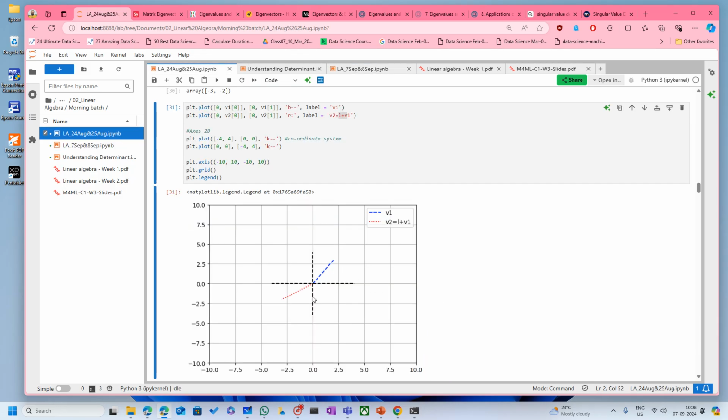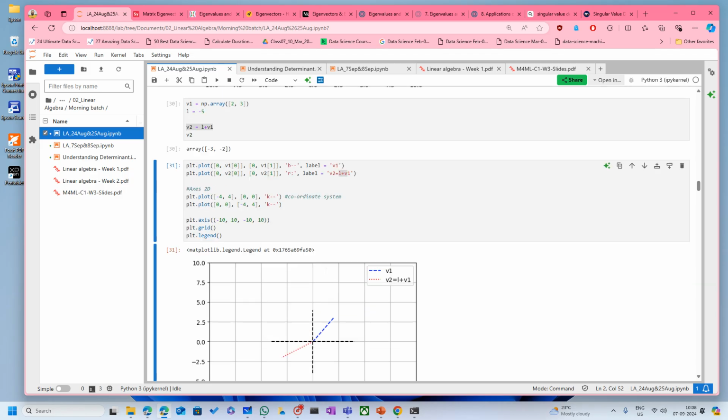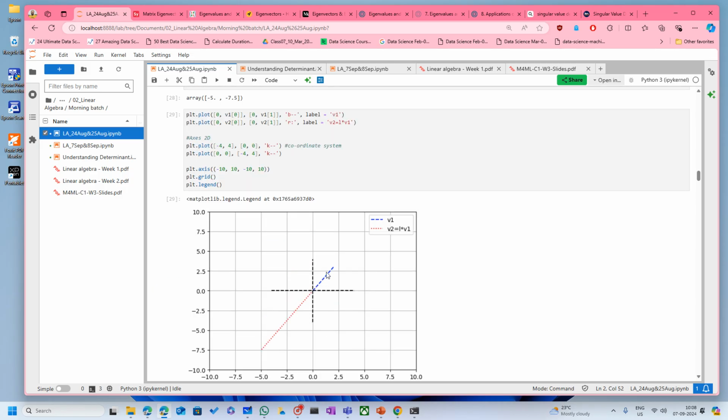When you do the transformation to a vector, let v1 be some vector, if you multiply this lambda value to v1, the transformation you obtain is the same as the transformation you would obtain when you multiply the entire matrix to that vector. Whatever transformation you see after multiplying a matrix to a vector is the same as the transformation obtained after multiplying the scalar value.